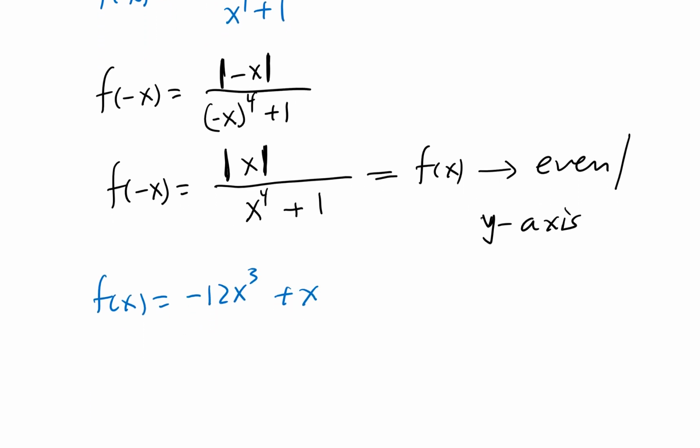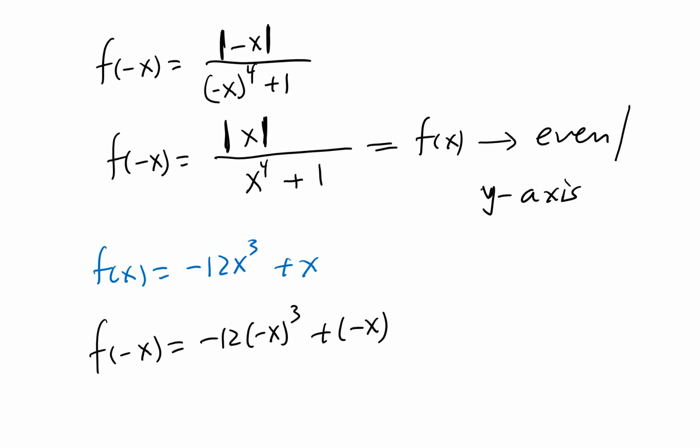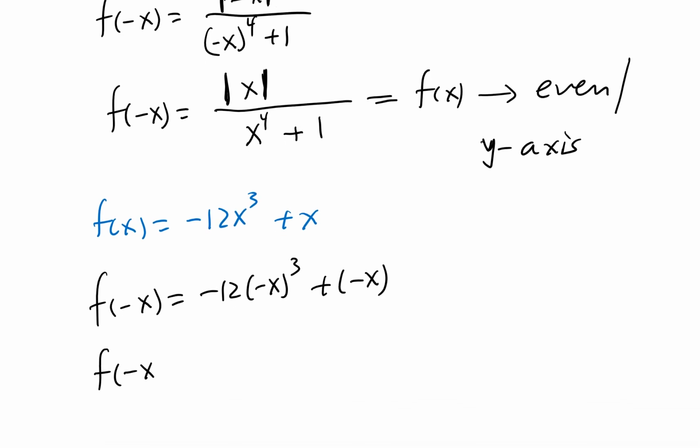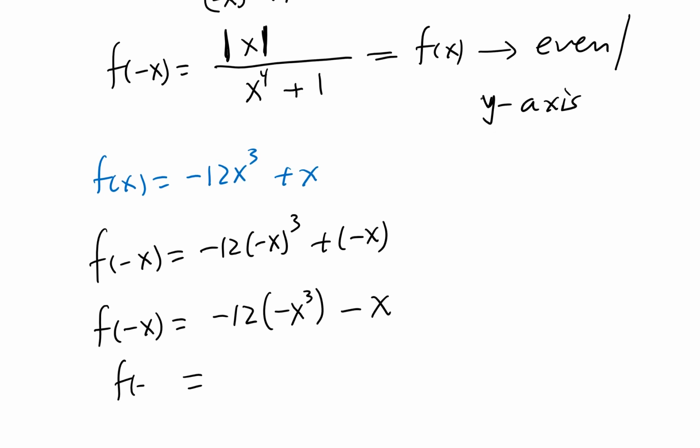How about the next one? Another example. Same thing, we're going to find f of negative x. F of negative x equals negative 12, negative x to the third plus negative x. This gives us negative 12, negative x cubed, minus x. The negative negative becomes positive 12x cubed minus x. You have to watch carefully here.